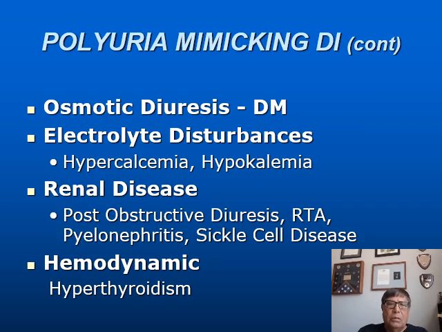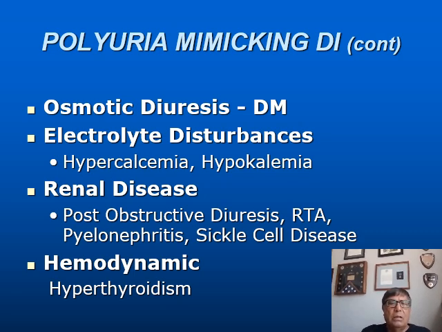Polyuria mimicking diabetes insipidus can also happen with osmotic diuretics. The best example is diabetes mellitus. They will present with polyuria, polydipsia, weight loss, but that's because of diabetes mellitus.